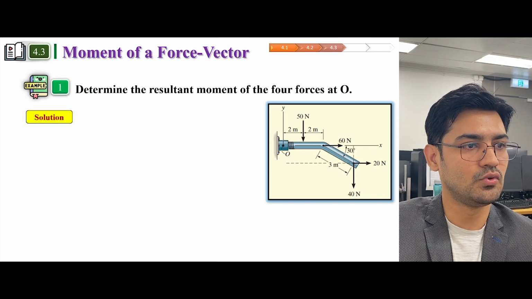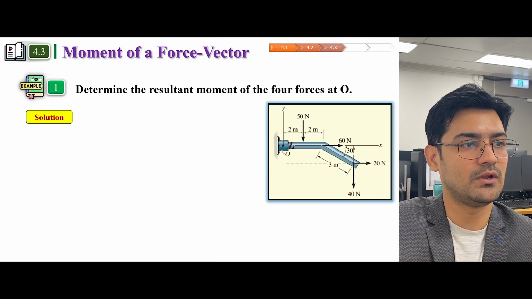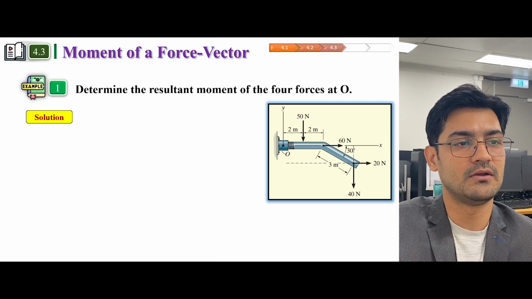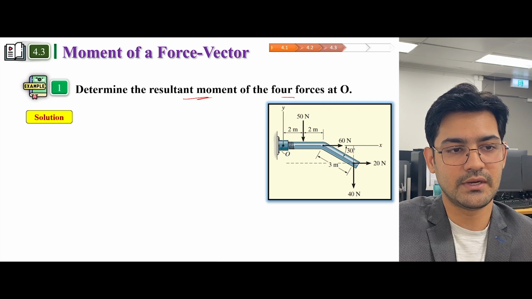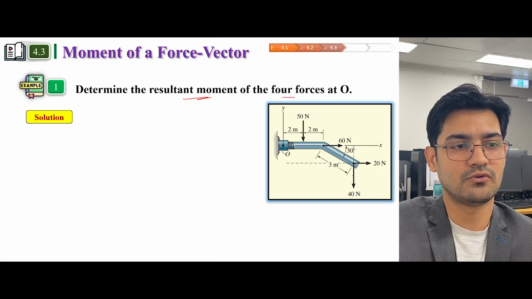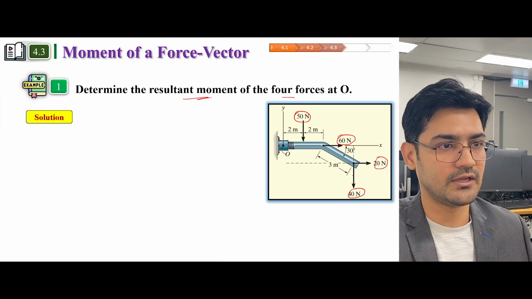Now let us do one example and it will be more clear how we can calculate the resultant moment. There are four forces: one force is 50 Newton, another force is 60 Newton, another is 20 Newton, and another is 40 Newton.